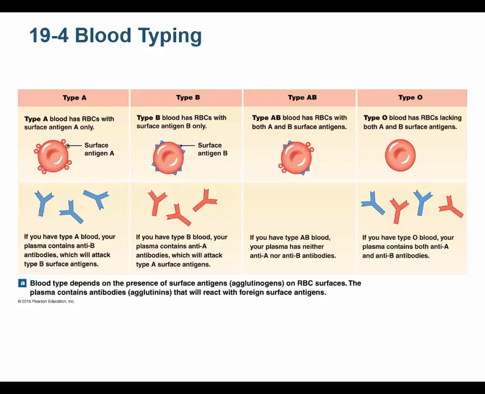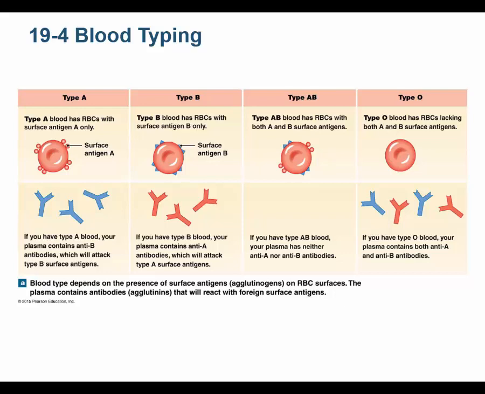The first thing I should tell you is there are lots of antigens on red blood cells. The A, B, O, and Rh are simply two of the major antigen groups on red blood cells. There's actually lots of them. I'll just rattle off some. You don't have to look them up, or you can if you want.